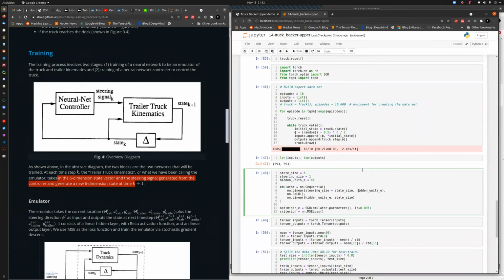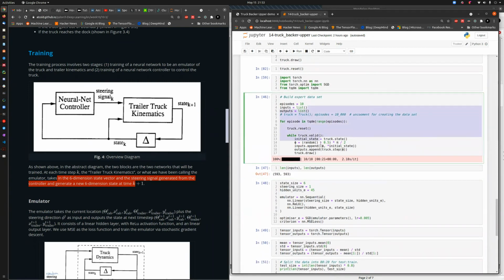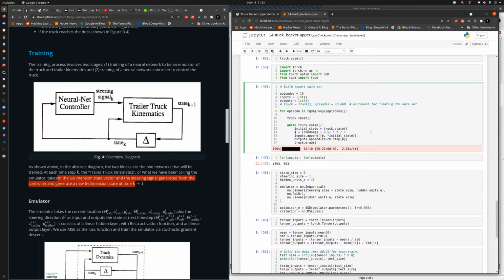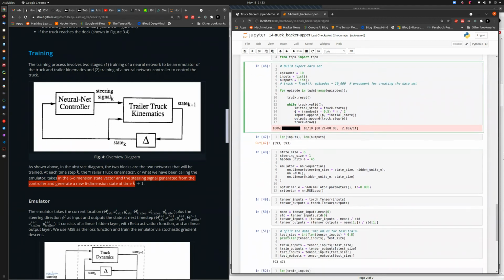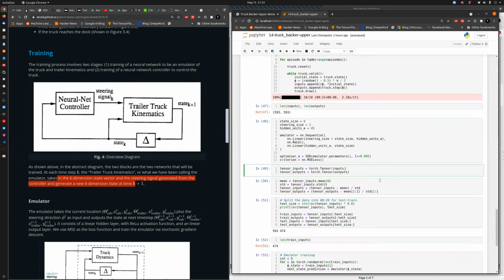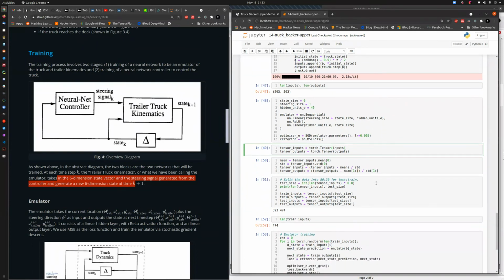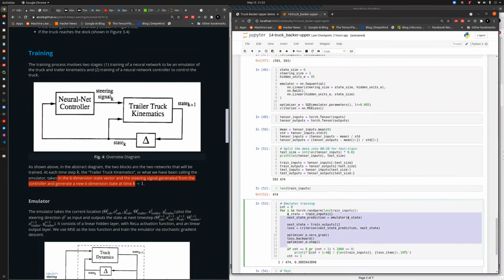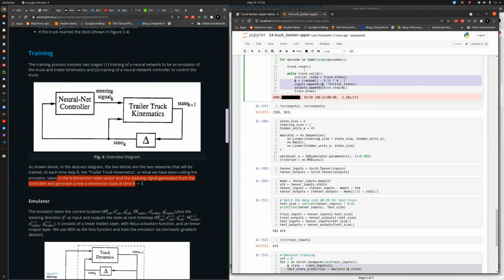So if we try to train this, this is the kind of data set that we have constructed in this cell. And here we are forming an emulator. This emulator is being trained here from this data set that has been generated.